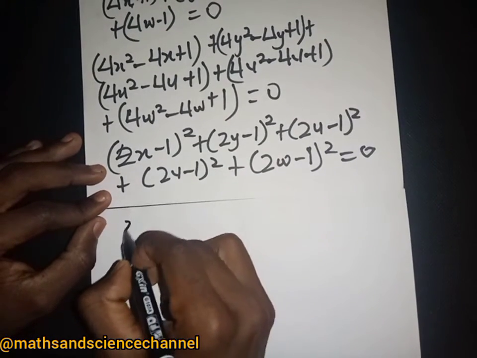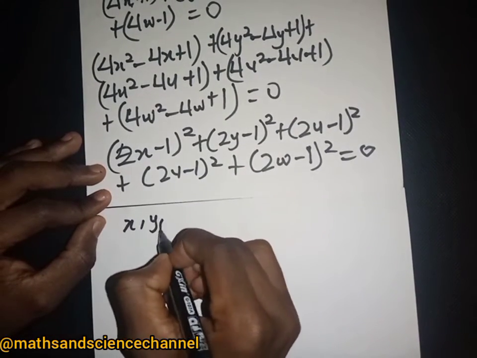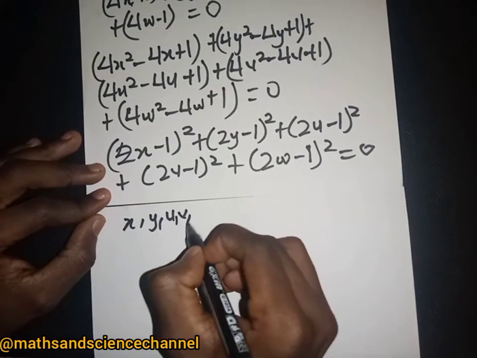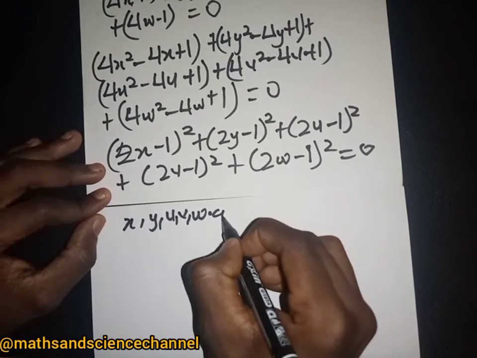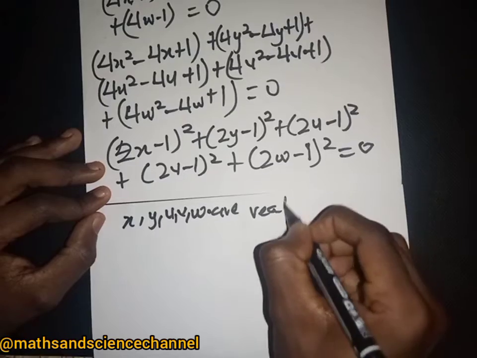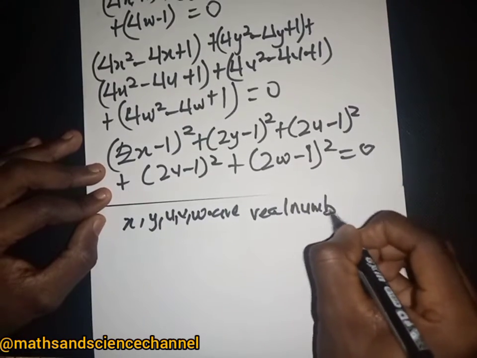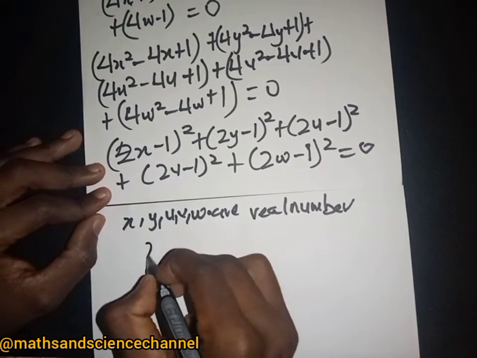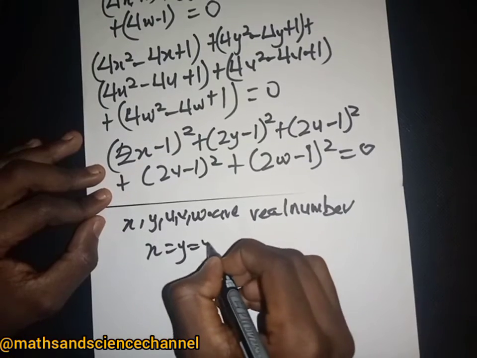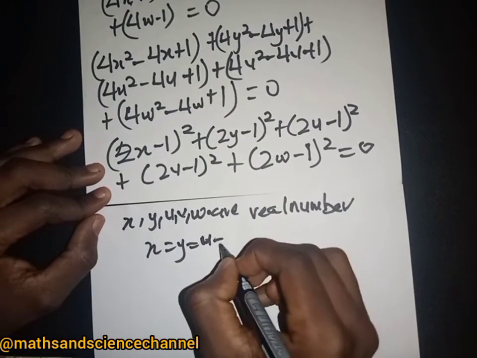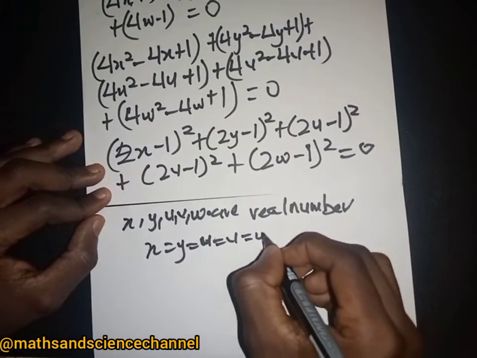Realize that x, y, v, u, and w are real numbers. So if they are real numbers, then x will be equal to y, y will also be equal to u, u is equal to v, and v equal to w.